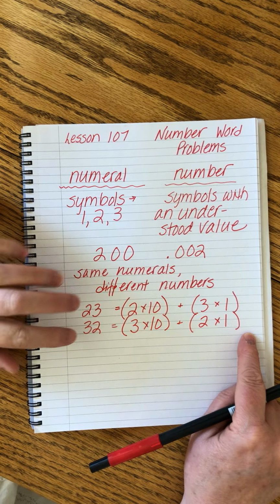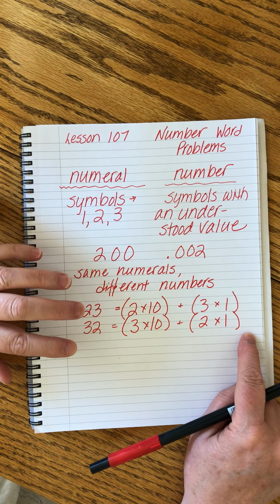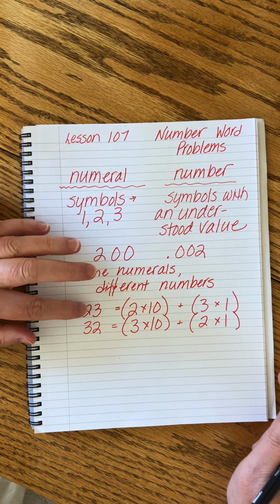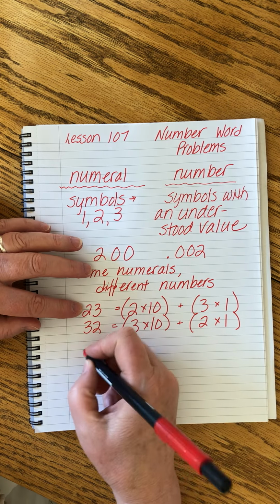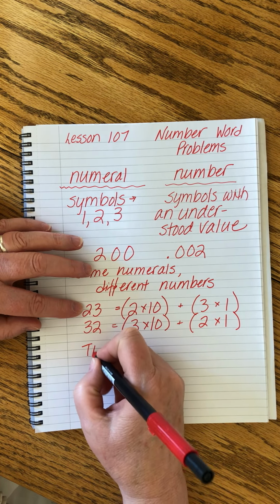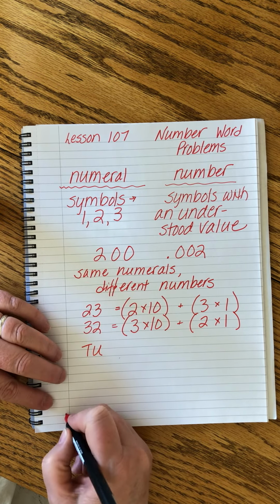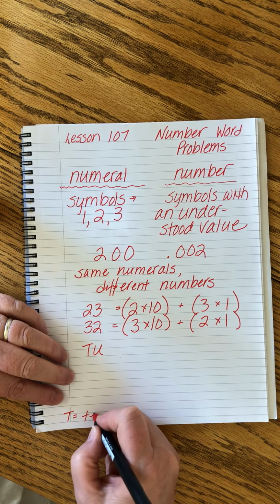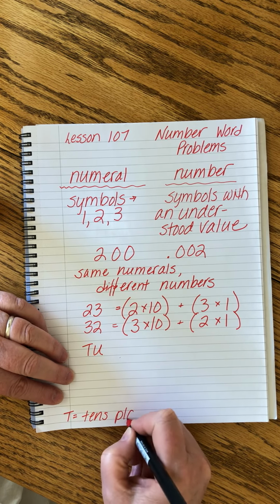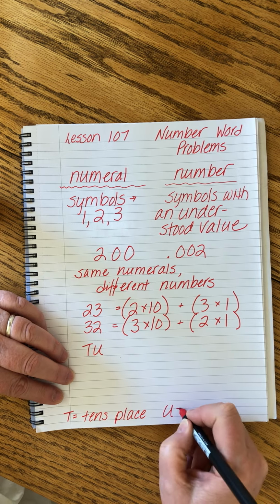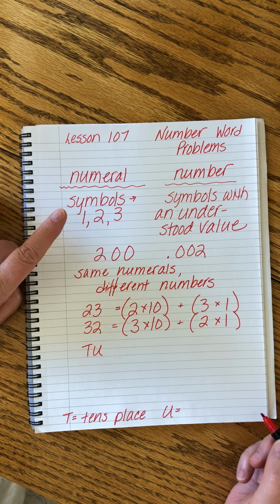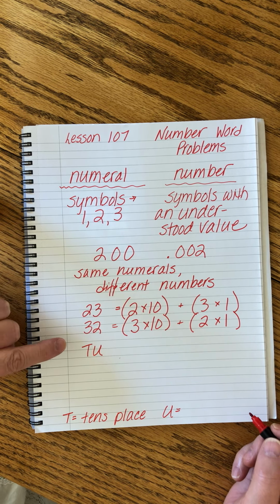What we're going to do is we're going to take this pattern and we're going to come up with a way to write it as a formula, because that's what we're going to need for our problem. So what we can say is that T equals the numeral in the tens place, and U equals the numeral in the ones place, okay?